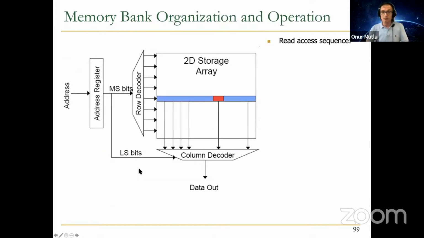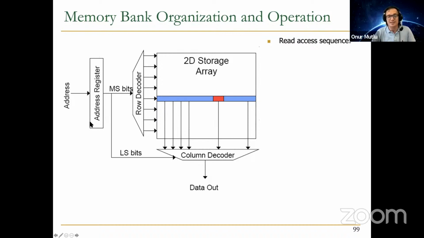As I said, both memories have a memory bank organization. You have a 2-dimensional storage array, and the memory bank organization looks like this. You have an address that gets latched into the address register. Depending on how you do the data mapping, usually the most significant bits in the address are used to determine which row you're accessing, and the least significant bits are used to determine which column you're accessing.